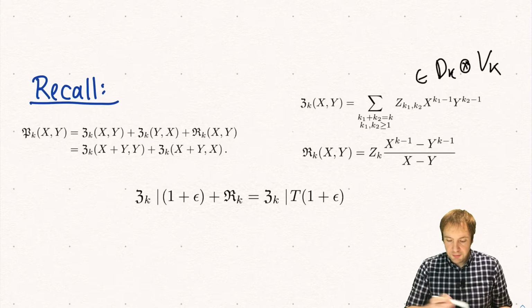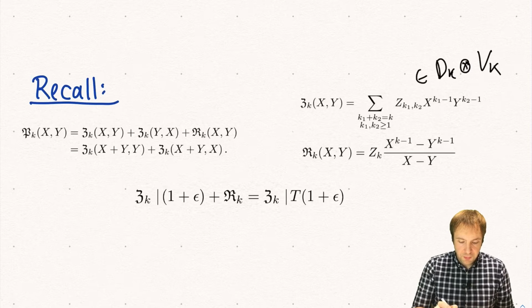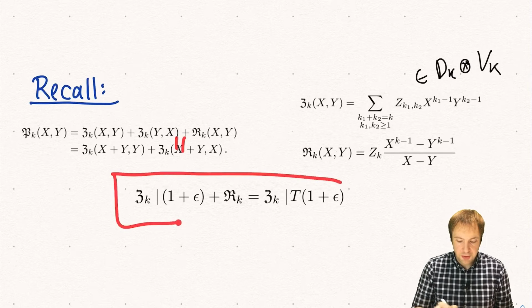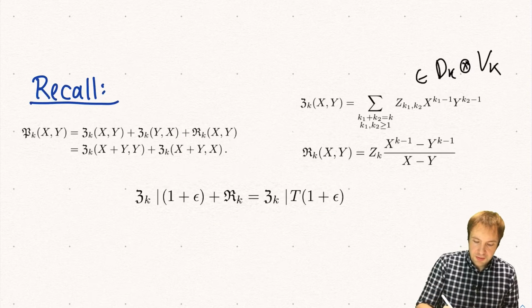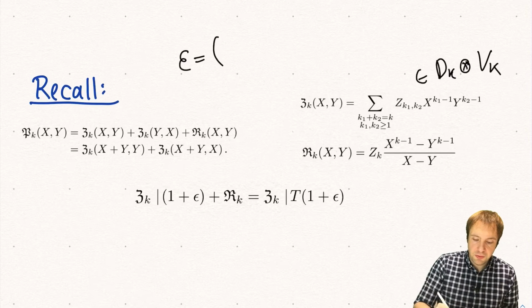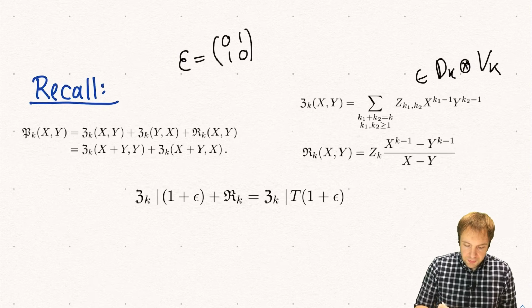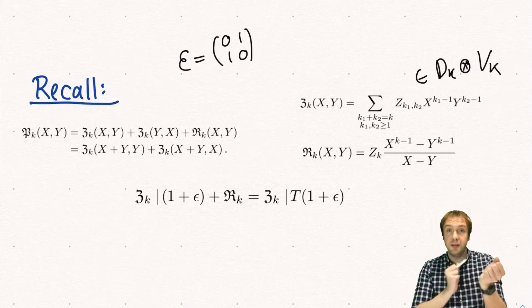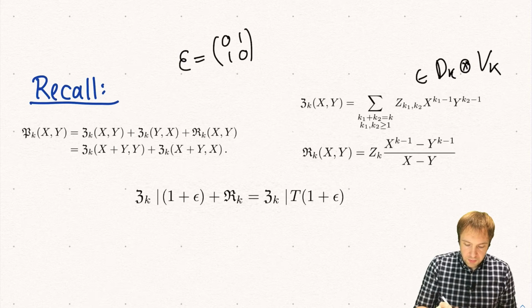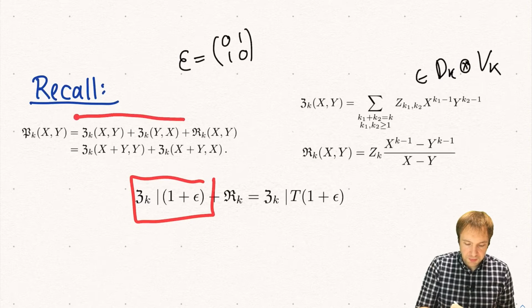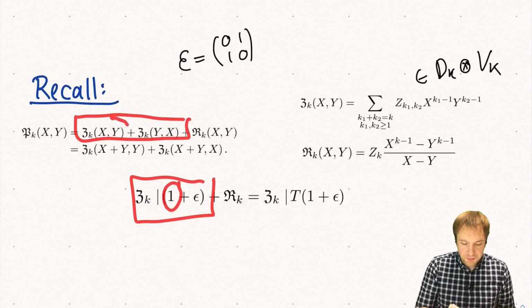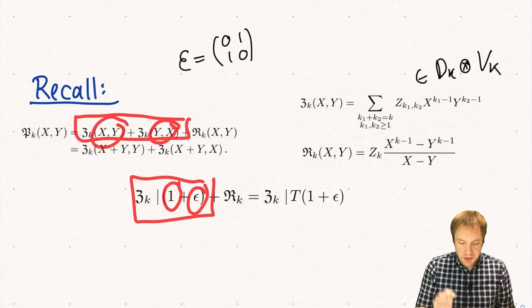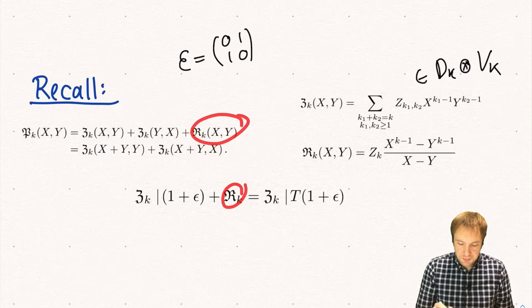And using this action, we could write these equations. So this equation here, we can write like this. And here I should say, recall this epsilon was a matrix given by this. So if I let this epsilon act on some polynomial, then it just interchanges x and y. So we see here that this part is exactly this. So the identity matrix doesn't do anything, and this epsilon interchanges x and y, and this is Rk.